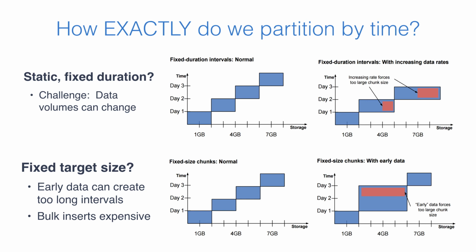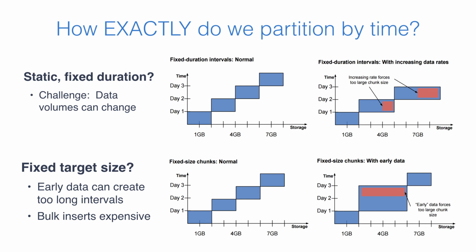So instead, the approach we take is more like the first one, where when we create a chunk, it's a fixed amount of time. But over time, as your data volume grows, you can change what that interval is for new chunks.